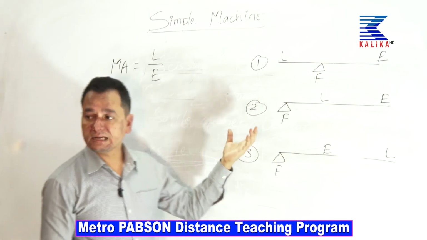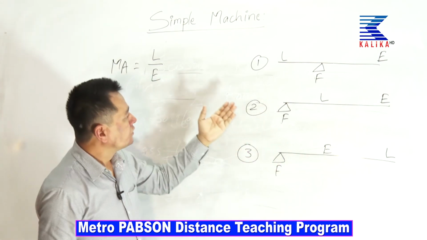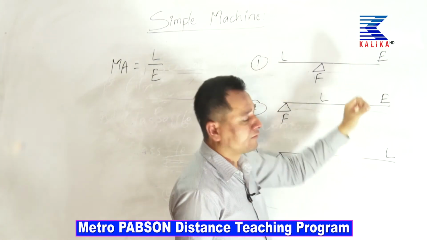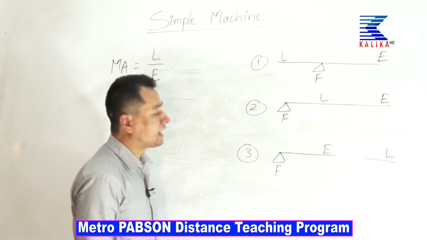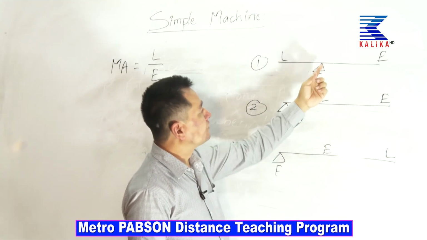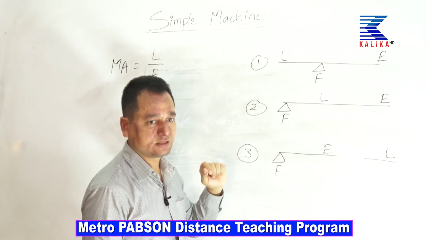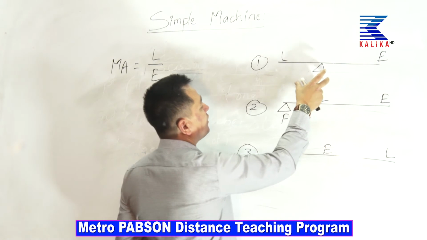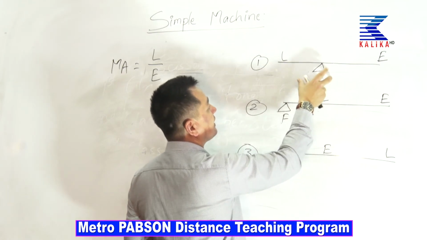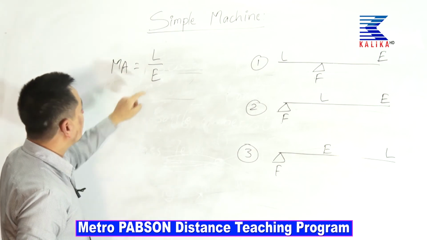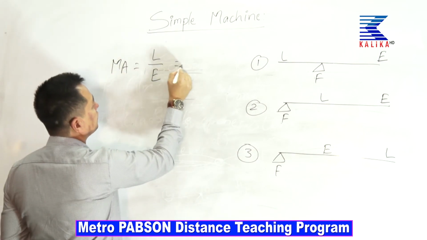If so, load and effort are equal. If you assume this device to be frictionless, an ideal device, then when fulcrum is lying exactly in the middle, load and effort are equal. So if these two are equal, it is equal to 1.